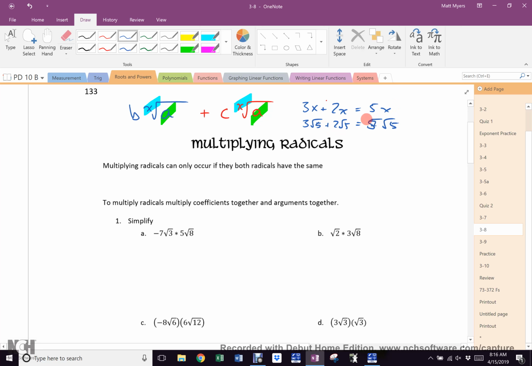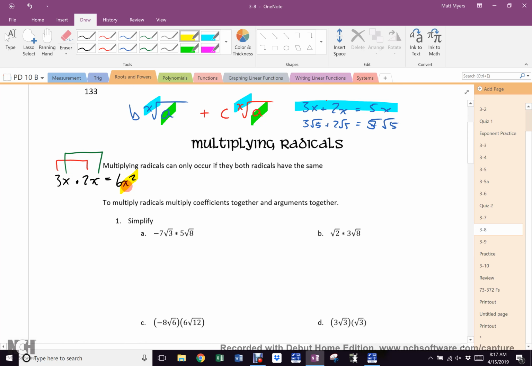So, you're intelligent young people. This model works here. If I gave you 3x times 2x, what do you get? 6x squared. Because you multiply the coefficients, and then you multiply the variables, right? Now, what is it about the variables that allowed us to do that?